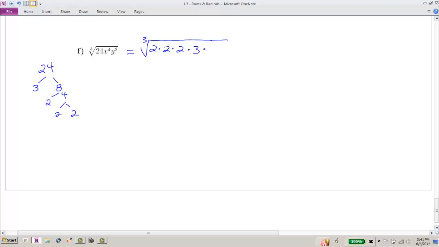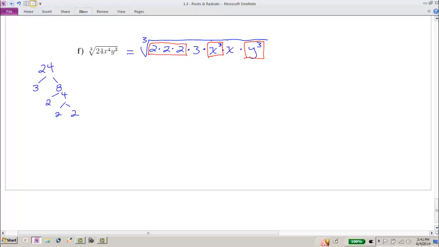And then we have an x to the fourth, and I'm actually going to write that as x cubed times x, just to help make our next step a little bit simpler. And then we have times y cubed. Now, perfect cubes can come out. We know when we see something to the third power, that's, for example, right here, this is 3 factors of x. So that x cubed inside will become a single x outside. Same with this y cubed. And we have these 3 2's.